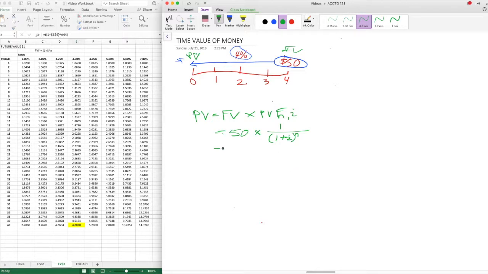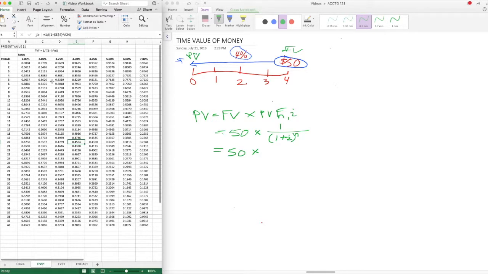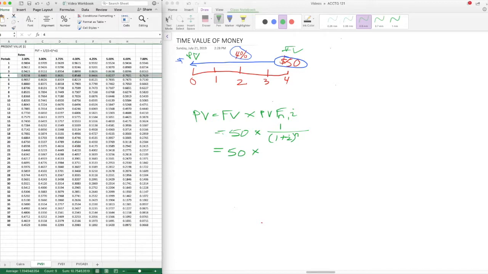Now I can do the math for this, or I can go to a table like before. So down here I've got a present value table where the math has already been done. I'm looking at however many periods, which is 4. So I'm here in this row, and I know that it is 4%. So here's my factor. Let me highlight it here.